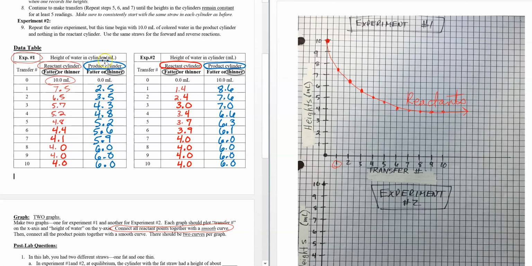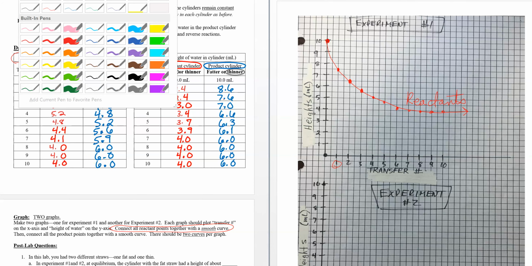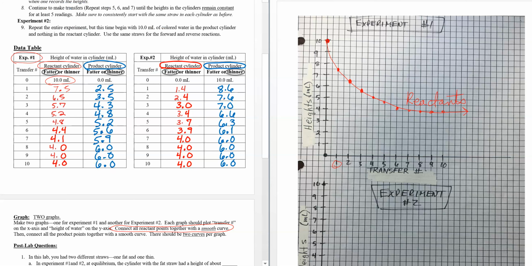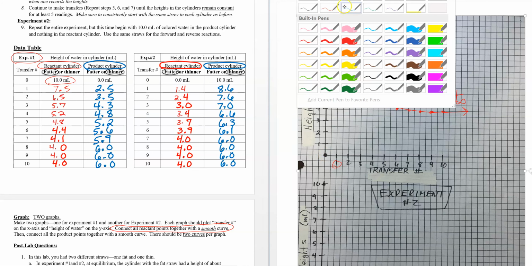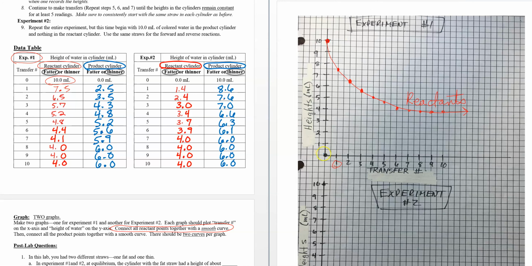So now we're going to do the same thing with the product data, right? So now do the same thing. You're going to start down here at 0. And let me put in all of that data.